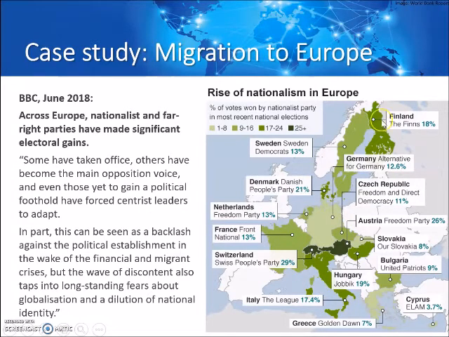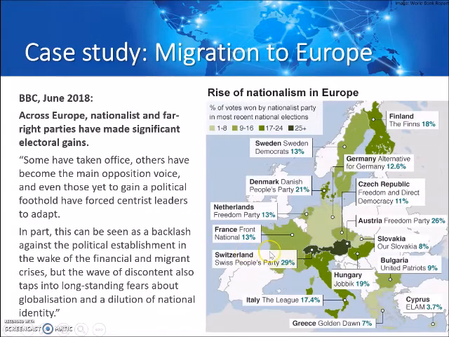For example, particularly Germany, the AfD, Alternative for Germany, 12.6%. They are also represented in different local governments now. You have Switzerland with the Swiss People's Party that makes almost 29%, although this is going down slightly. Austria also has a very strong far-right party. Some of these are nationalist parties, some are very strong far-right parties.